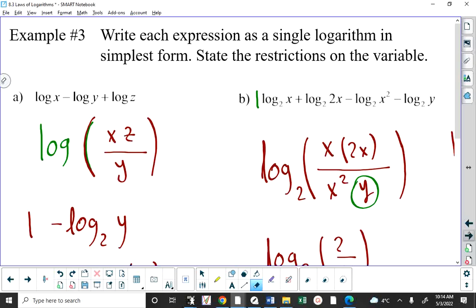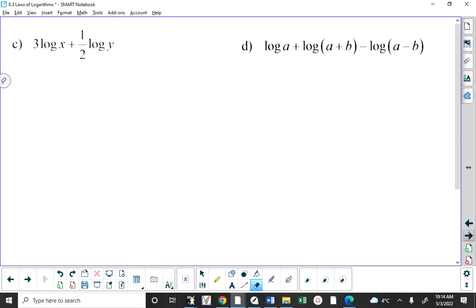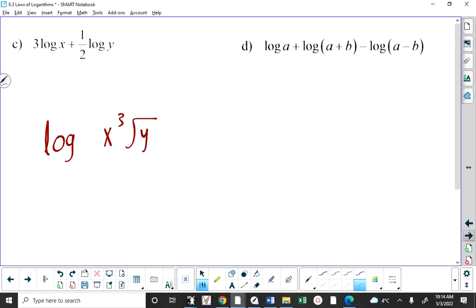Okay, we've got a couple more quick ones to do. We're kind of winding things down here. This is log of x times the cube root of y. I would just like you to contemplate that.